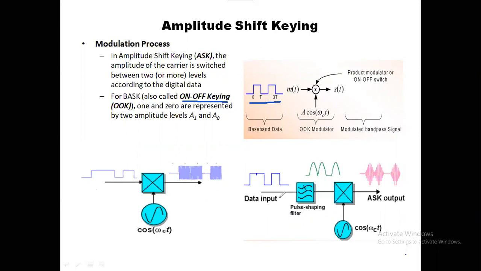In baseband modulation, we apply the pulse shaping, and after pulse shaping, we have the modulation, and the output waveform looks like this. You have seen my MATLAB programs and the output of the MATLAB programs in the previous lecture. If you have not yet seen, then you can see that after pulse shaping, we have the waveform of amplitude shifting like that.